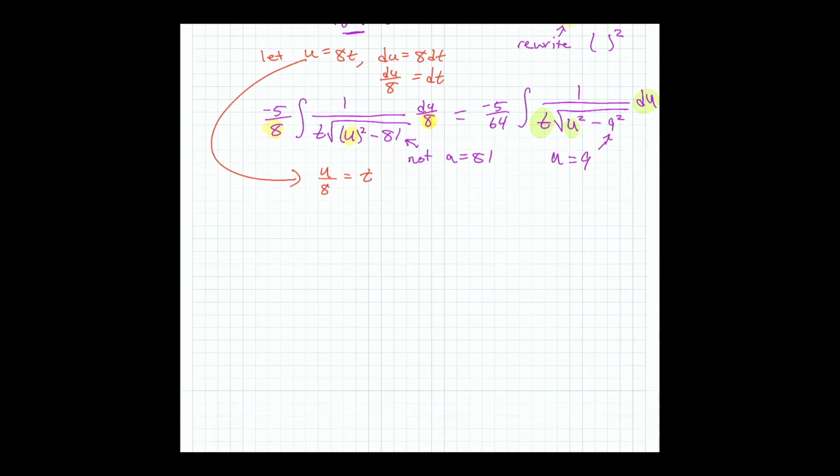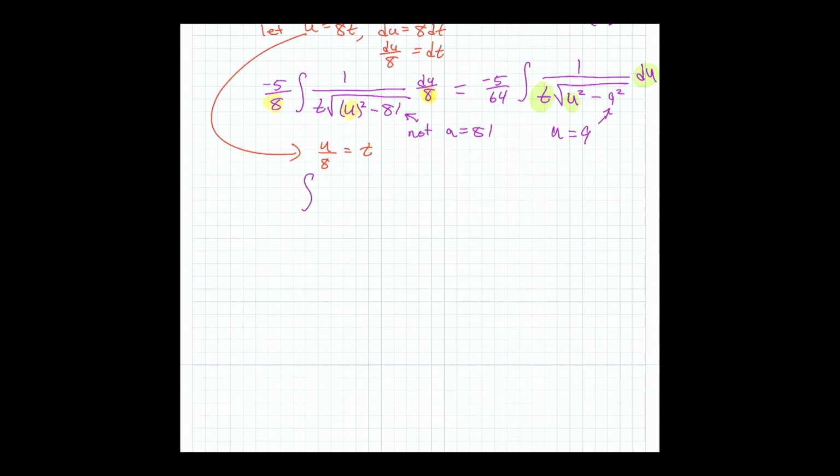So sorry about that. We have an integral of negative 5 over 64, 1 over t, which is u over 8, square root u squared minus 9 squared du. Dividing by a fraction like this is multiplying by the reciprocal.